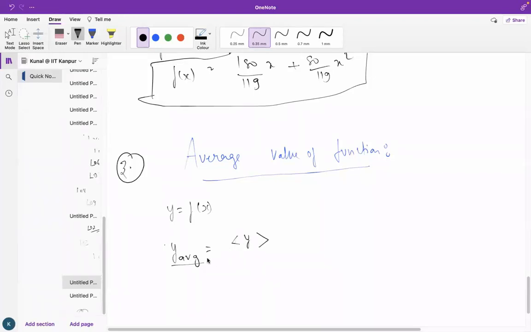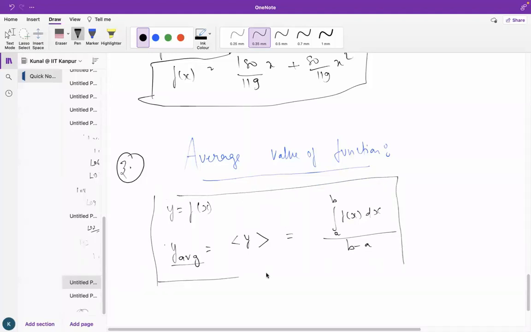So this is also known as the y average, I mean the average value of y. This value is equal to the integration of f(x) dx from a to b, divided by b minus a. We will see the implementation of this formula too, but try to write it. So this is our average value of any function.